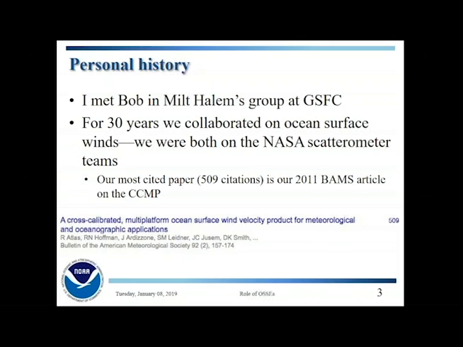After I wrote my first couple of papers on using the variational analysis method to work with scatterometer data, I was ready to let it drop. But Bob encouraged me to keep going, and he provided some support to keep it going. And then we got on the scatterometer teams, and really it became a fairly big part of my career. So thanks, Bob. It's been downloaded 2 million times.